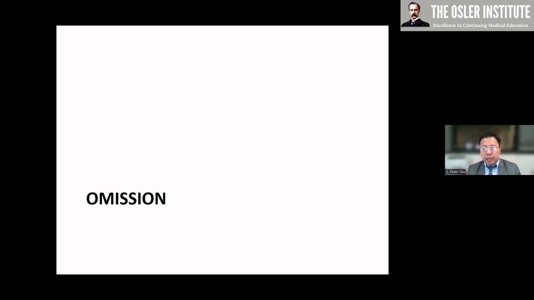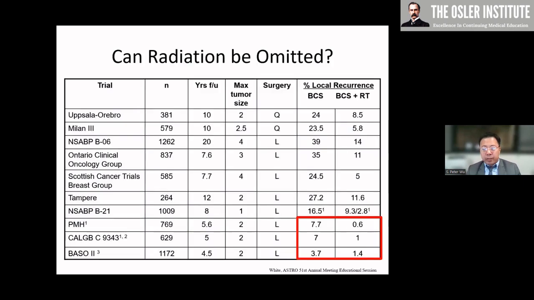But can radiation be omitted? There's an increasing literature that in certain populations, radiation can be omitted. It starts from looking at the local recurrence rates in the modern era being much lower in omission trials.